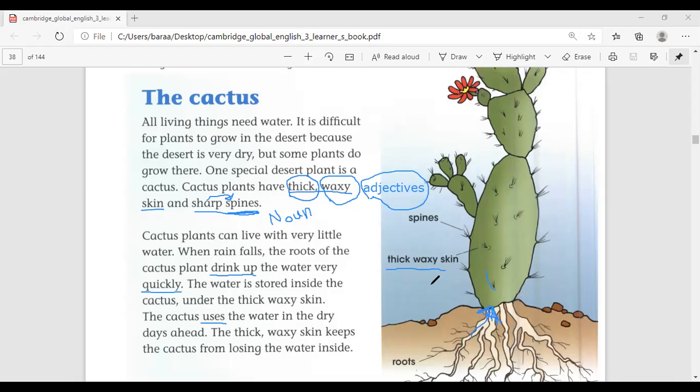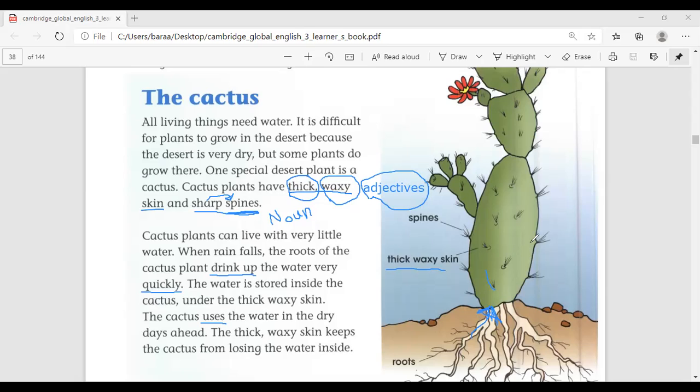So these are the main parts of the cactus plant and their functions, which help this plant adapt in the desert. The first question I ask myself: how do these parts help the plant to be adapted? Have you noticed how thick the stem of a cactus is?